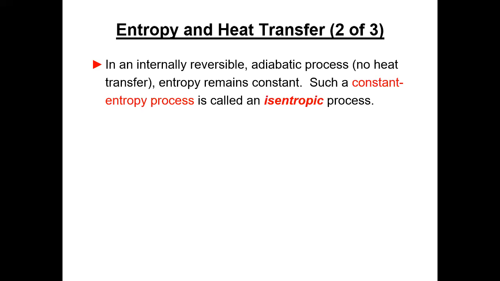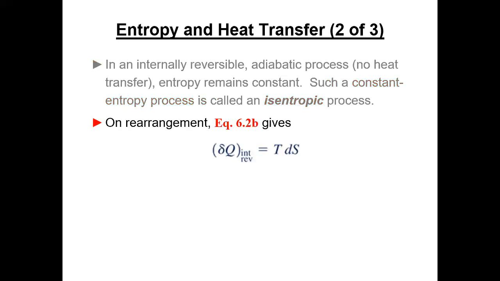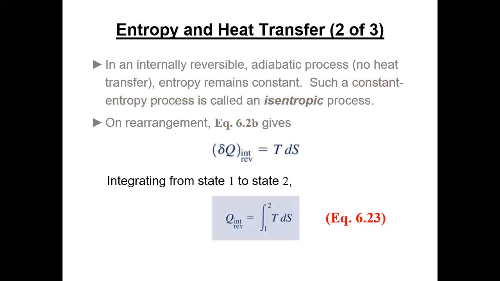Okay, so that's internally reversible, but isentropic is internally reversible and adiabatic. For a closed system, there's no way entropy can increase. Upon rearrangement of that previous equation, we say delta Q internally reversible is TdS. So then we can integrate from state 1 to state 2.